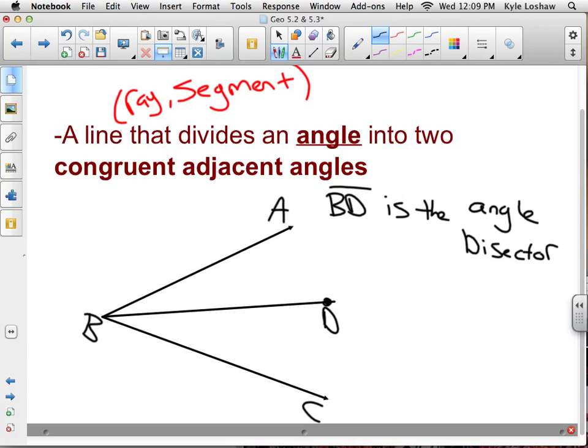Since BD is the angle bisector, it divides an angle into two congruent adjacent angles. So we could say that angle ABD is congruent to angle, let's keep the order the same, CBD. So we have two congruent adjacent angles.